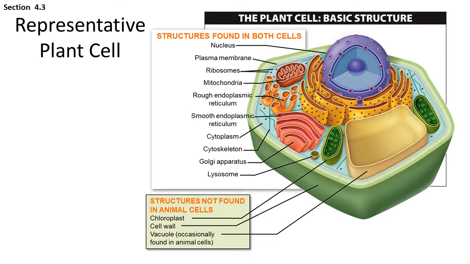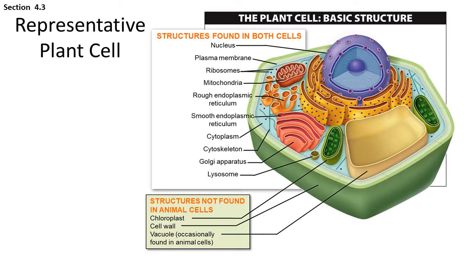This is a depiction of a representative plant cell. Within both plant and animal cells, which are both eukaryotic cells, there is a nucleus, plasma membrane, ribosomes, mitochondria, rough endoplasmic reticulum, smooth endoplasmic reticulum, Golgi apparatus, cytoplasm, cytoskeleton, and lysosomes.